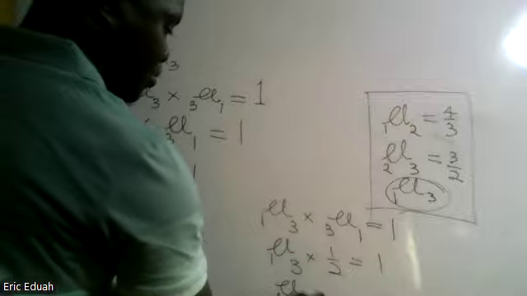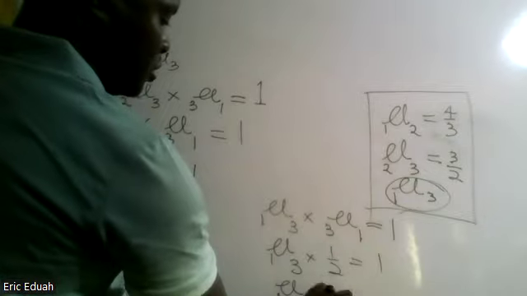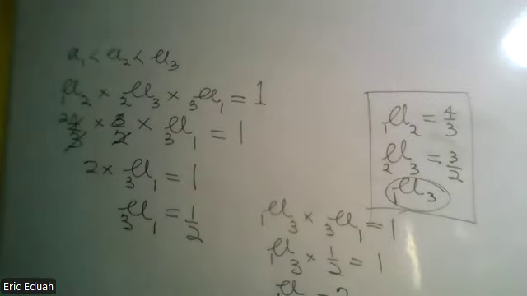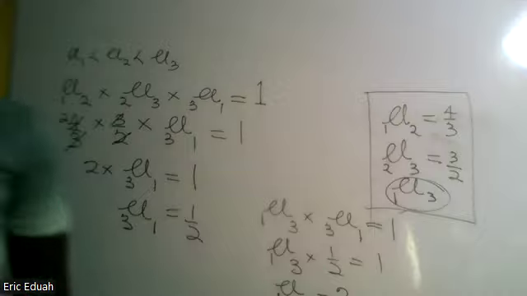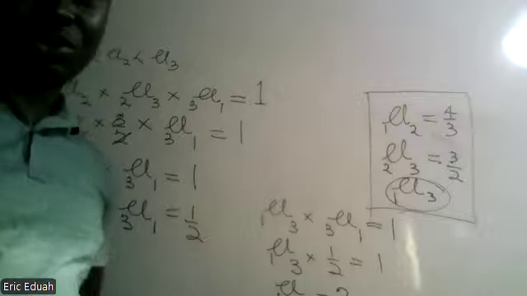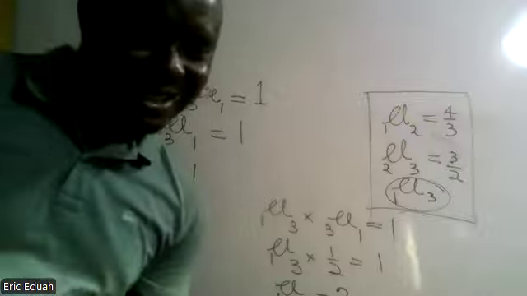Mu from 1 to 3 will be equal to 2 over 1. So those of you who answered 2, you are right. Those of you who got it wrong, better luck next time.